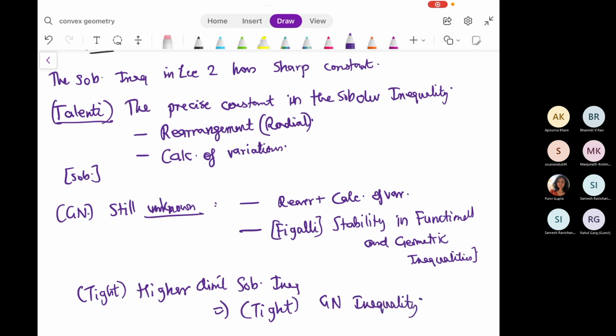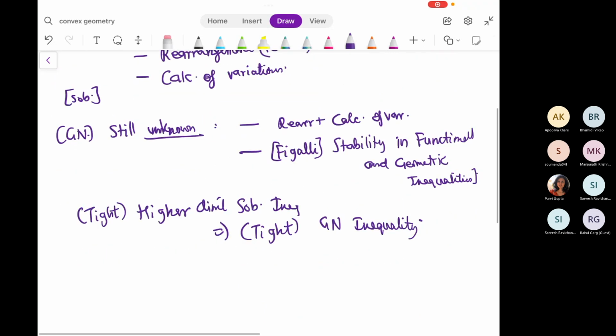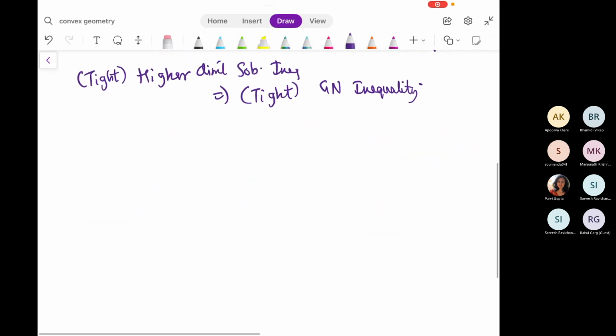This happens because the equality function in the particular Sobolev inequality considered at the start has a nice structure which decomposes into two parts, and because of that you can explicitly create the equality case of the GN inequality that you need to prove. For example, this can be done for some of the lower cases, n equal to 2, p equal to 3. I think p equal to 2, n equal to 3, for example, is known. And that's what's presented in Figalli's paper. So these are the remarks that I wanted to make.